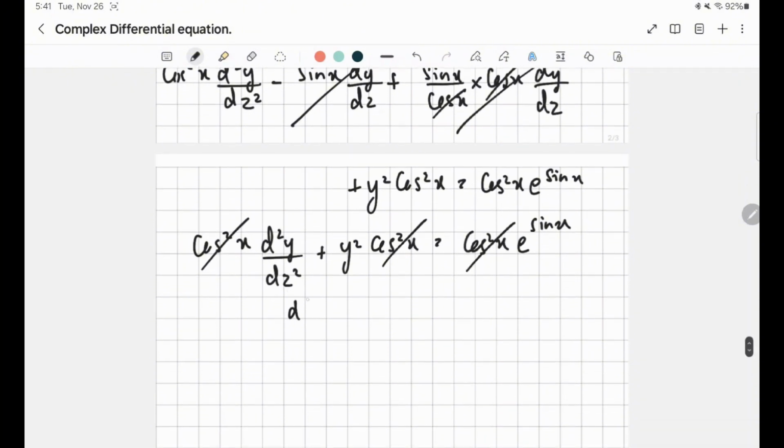Now you end up with the second derivative plus y equals e to the power sin x.